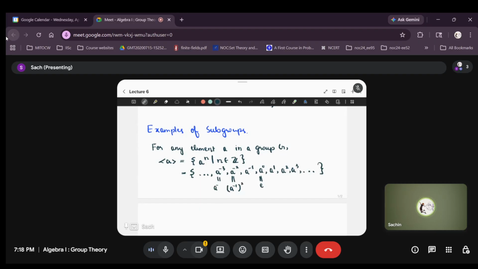This is A inverse cubed. So the set of all integer powers of A is denoted by this angular bracket notation, A within those type of brackets.